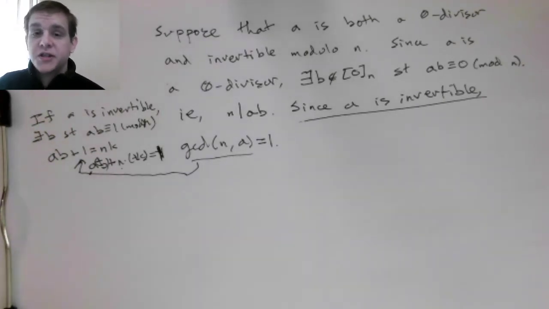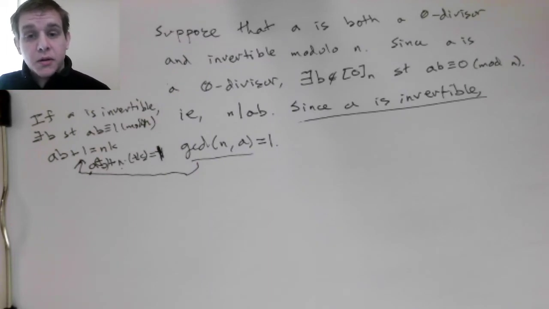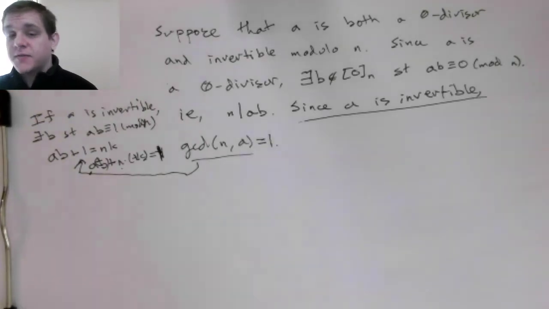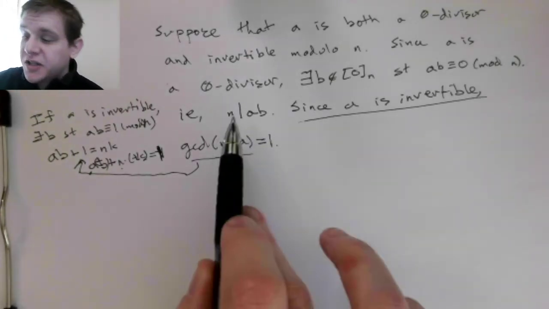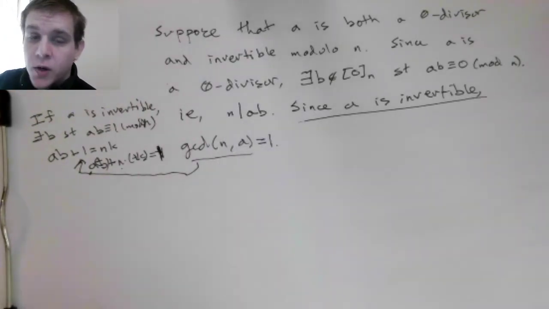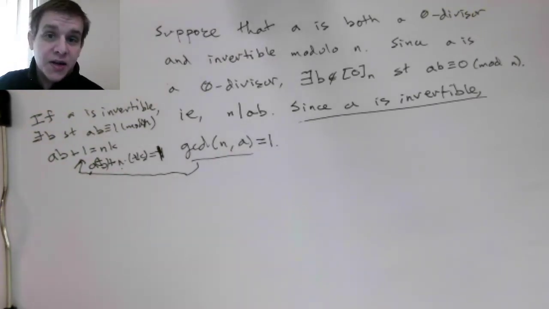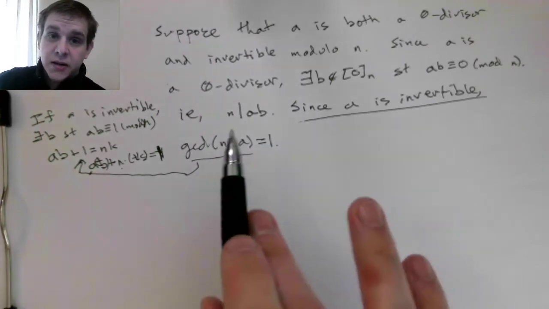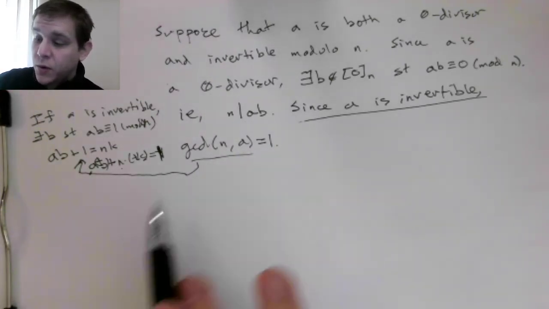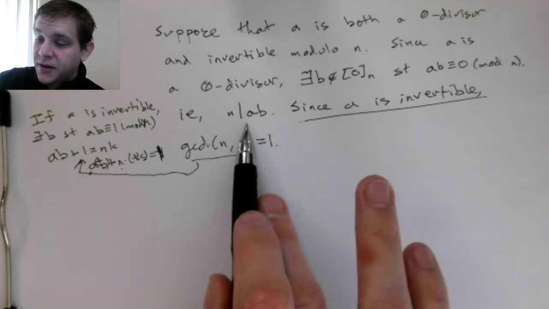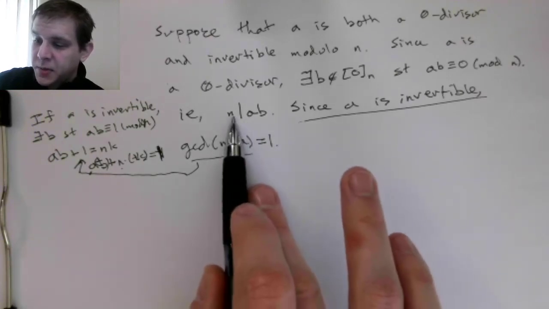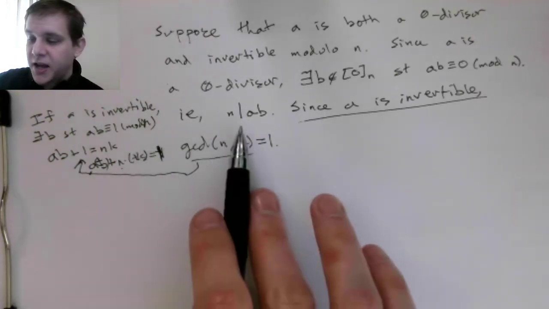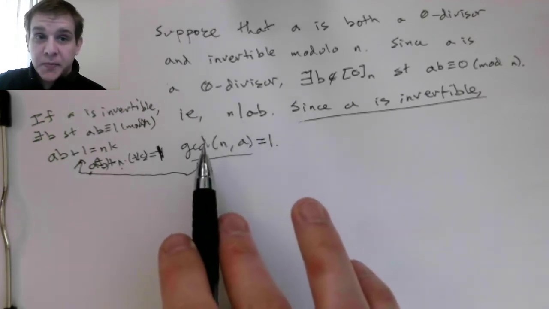So what happens if the GCD is equal to 1 and I have this divisibility condition? Well, we showed earlier that if I have this divisibility condition and the GCD of n and A is 1, then n actually has to also divide B. You can see this from the prime factorization theorem quite easily. When I take the prime factors of n and the prime factors of A, they don't have anything in common.